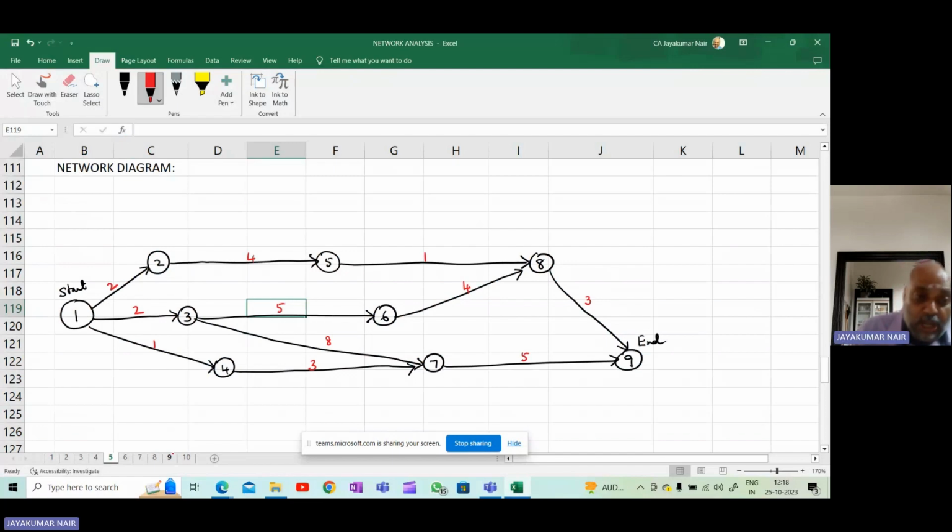Now, at every node, you write E values, L values, and S values.